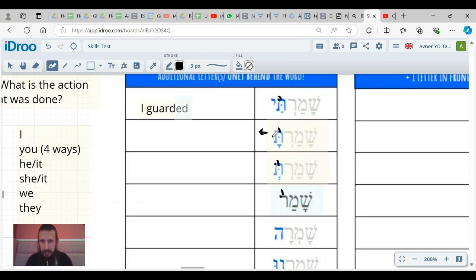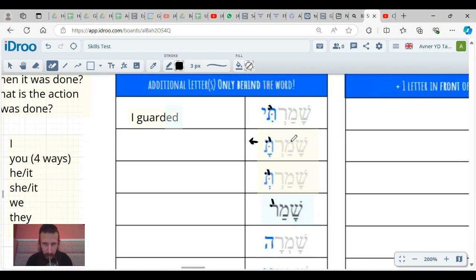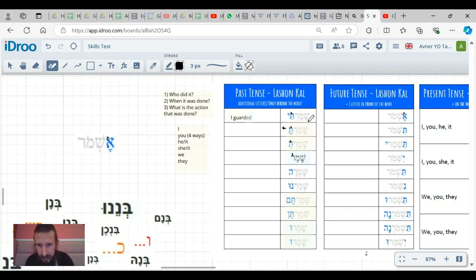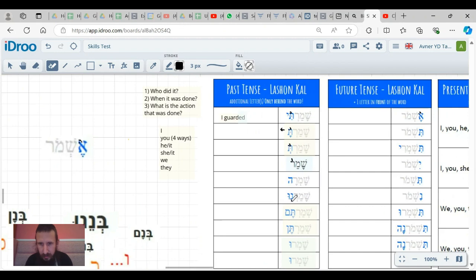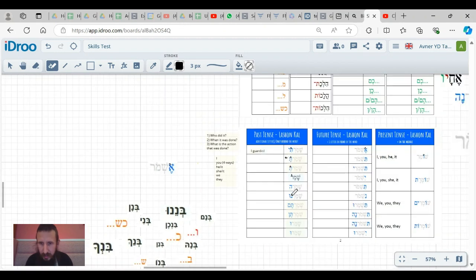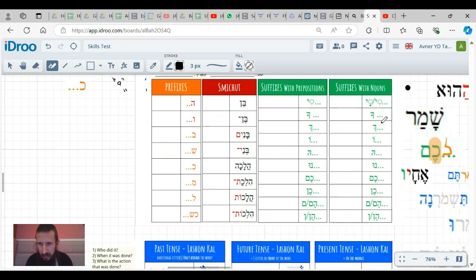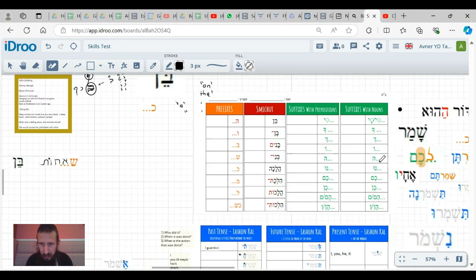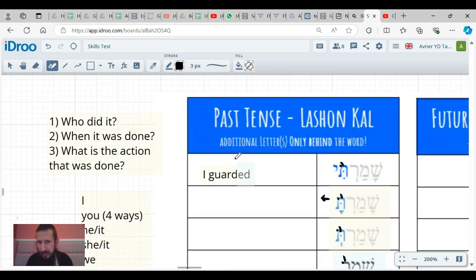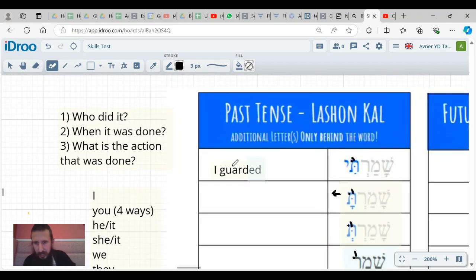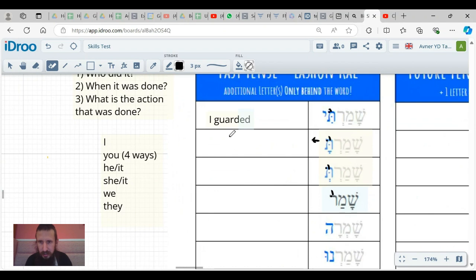Okay, now here are the patterns in the past tense. Tav, hey, and nu are all the same as what we saw with suffixes. Yud, hey, and nu. So the yud is, instead of saying me or my, it's I. So shamarti, I guarded. Shamarta, shamart.